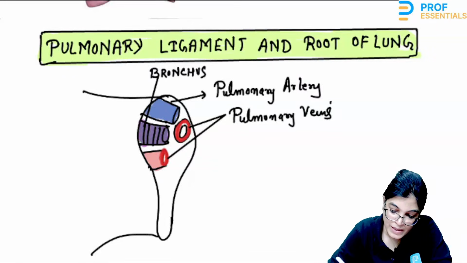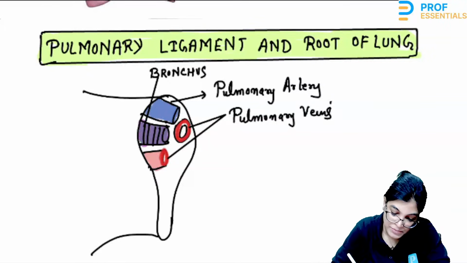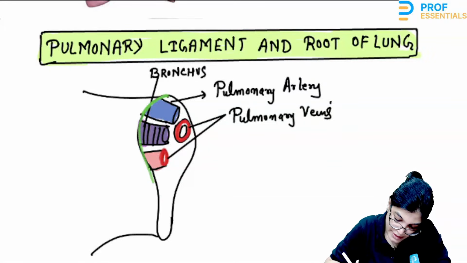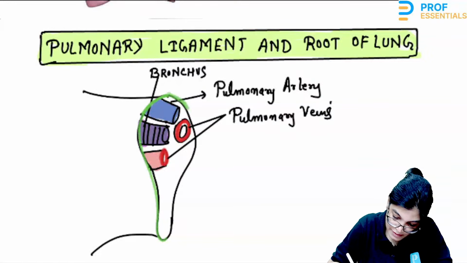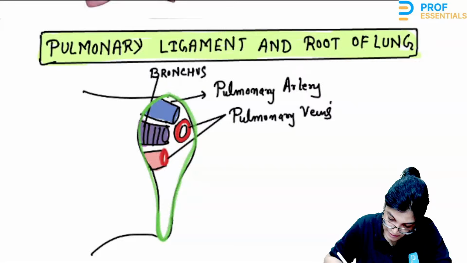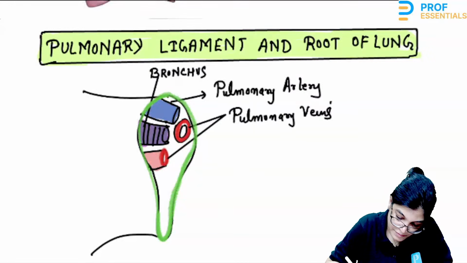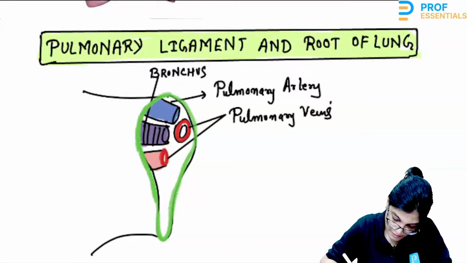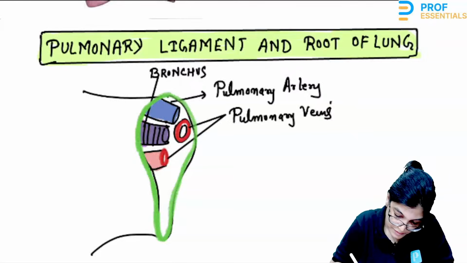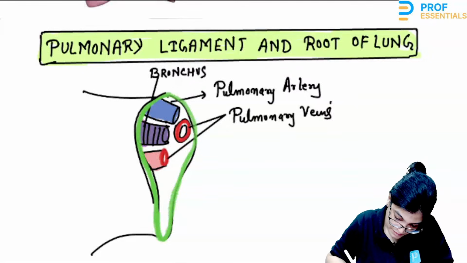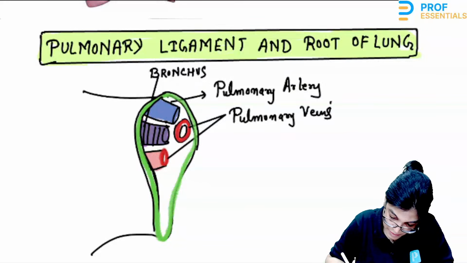Now this is surrounded by the pulmonary ligament, which I would like to highlight. This is double layered. This cuff which I am making is the pulmonary ligament.